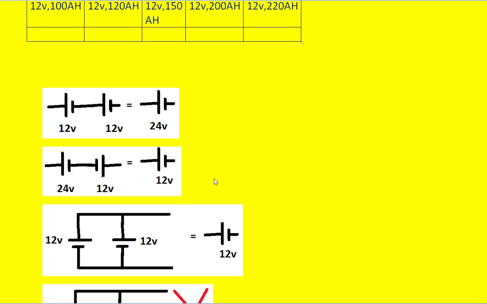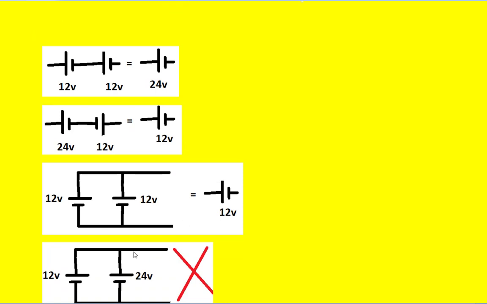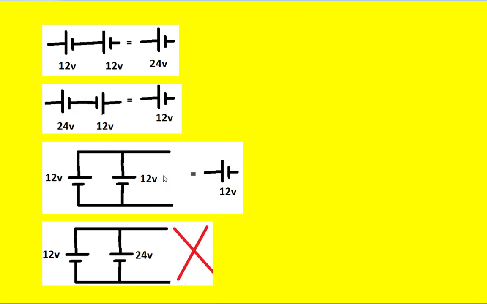Coming to the parallel connection. The parallel connection needs the batteries' voltage ratings to be the same. Suppose we have a 12 volts battery and another 12 volts battery, we must connect the positive terminal of this 12 volts battery and the positive terminal of this 12 volts battery together like this.